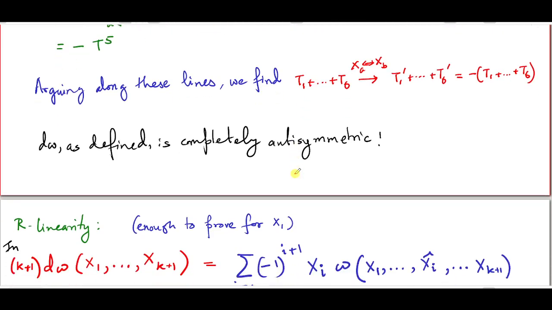What helps us to show that is the proof that we have just now completed. We have shown complete antisymmetry in all the arguments. And a bit of thought will convince you that this means that we don't really have to show multilinearity. All we have to show is linearity in any one argument.